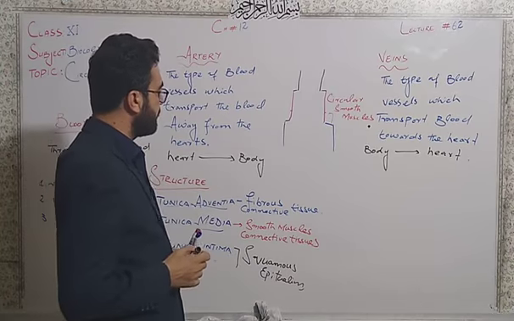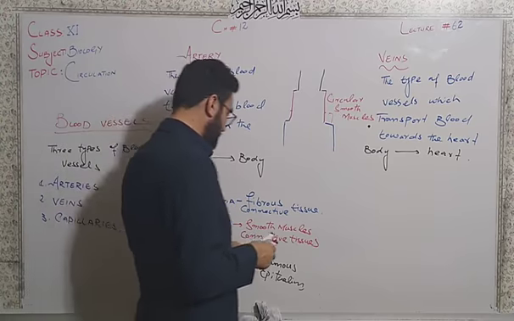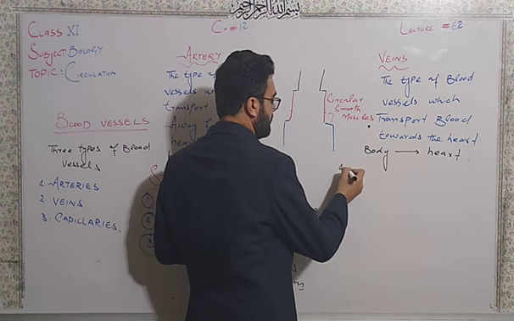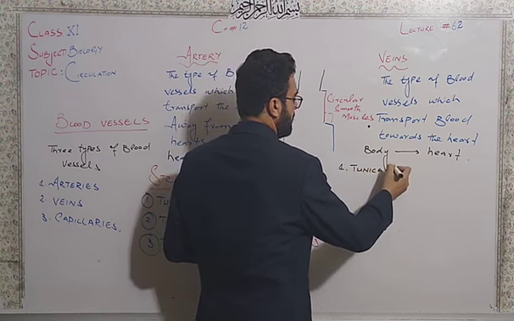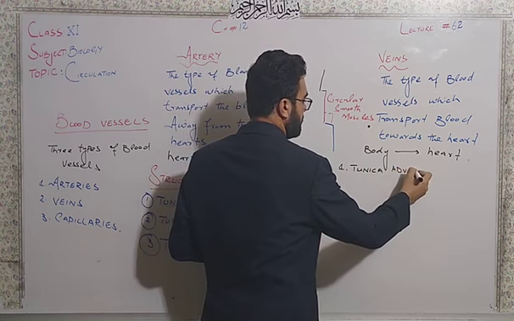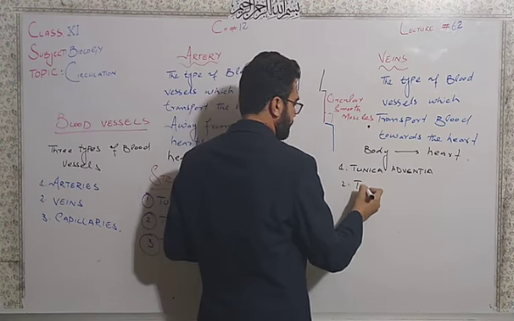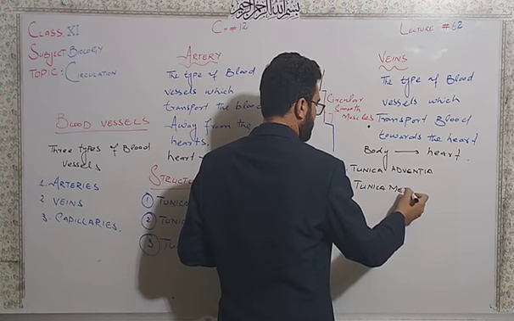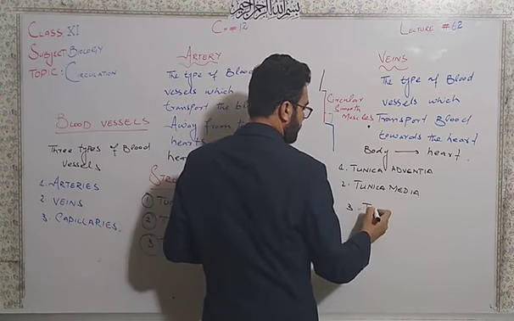Just like arteries, veins also have 3 layers, and these 3 layers are again tunica adventitia, tunica media, and the third one is tunica intima.